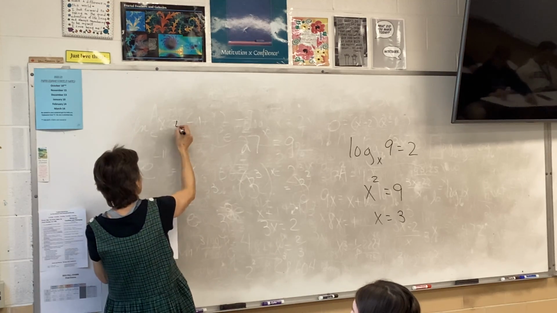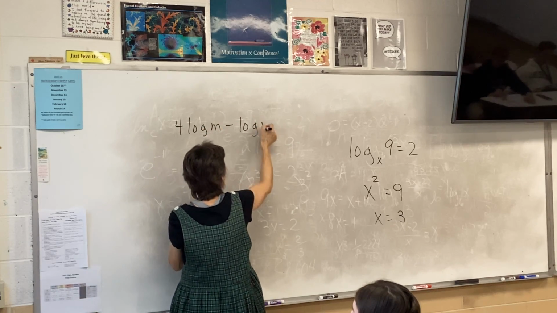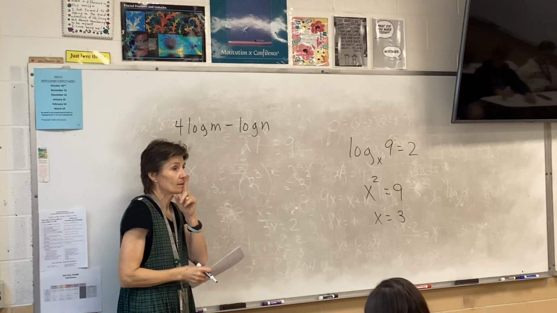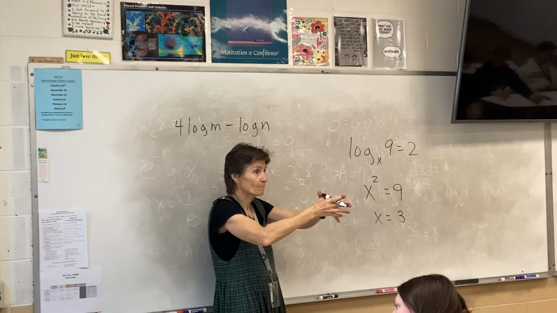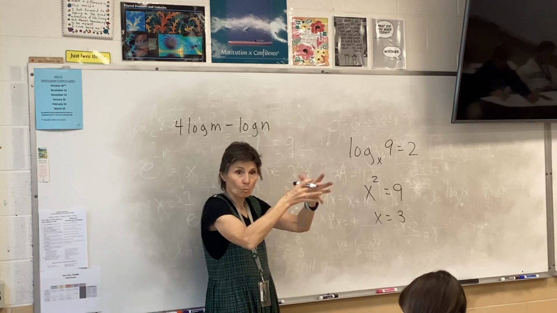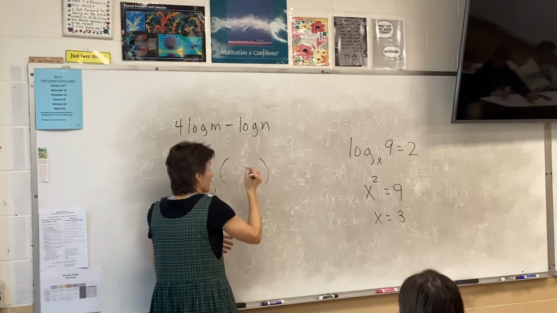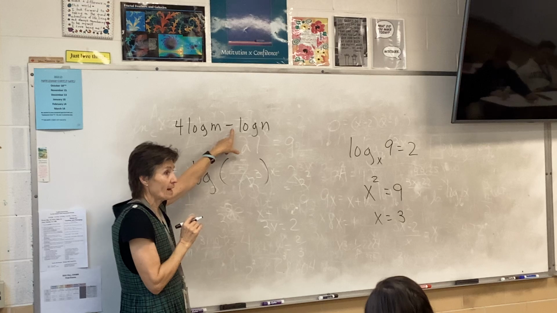All right, a couple more without our calculator, then we'll get our calculator out. Write as a single logarithm. So this is kind of what you did with your equations when you smush things together. We want to write this as one logarithm. So we're going to have log of something. What does that tell me I'm going to have?